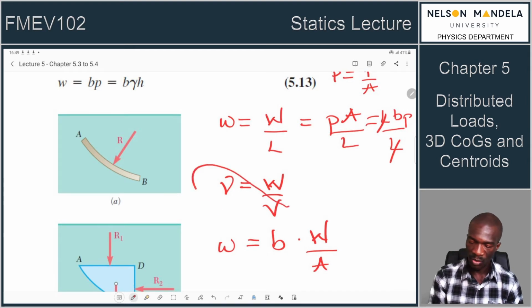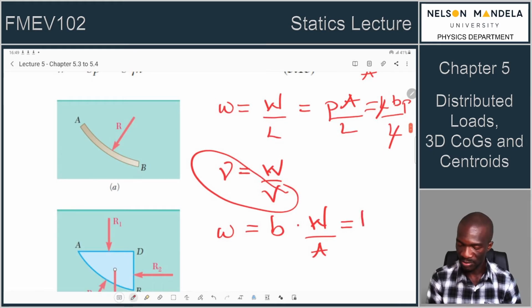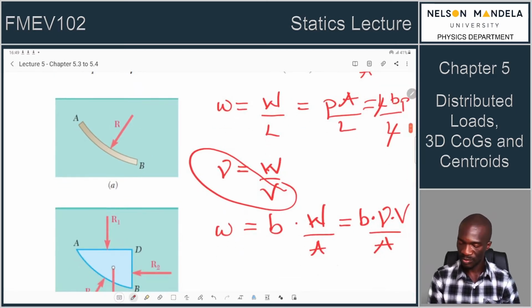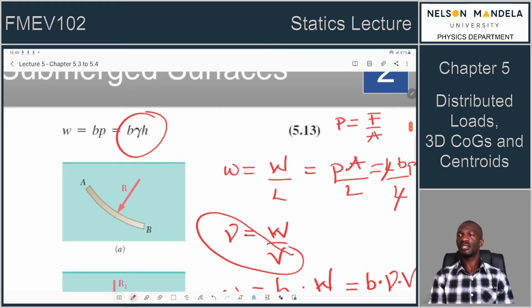Since weight is equal to gamma times V, that would be B multiplied by gamma times V over the area. This would be area times some height over area, and we have B gamma H. That's how we come up with B gamma H.